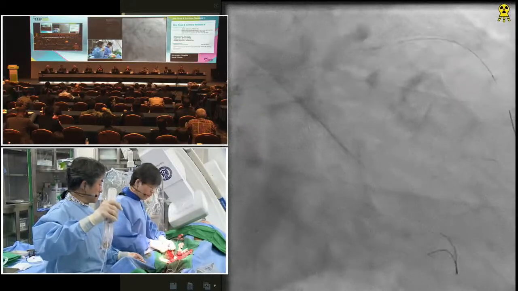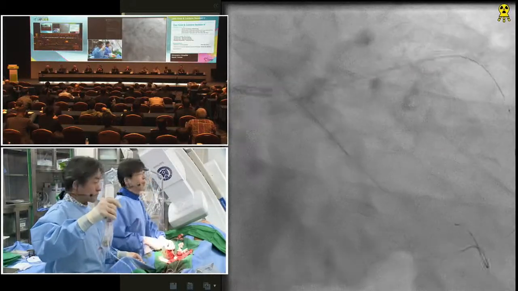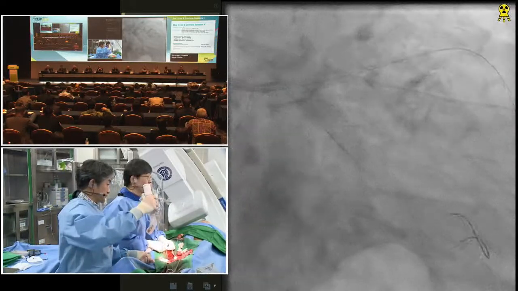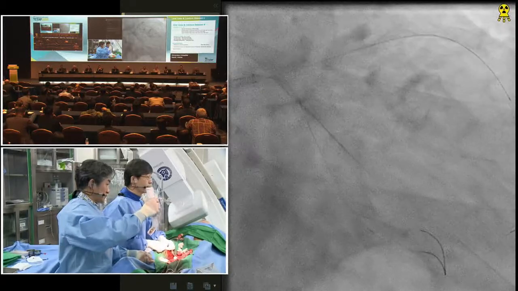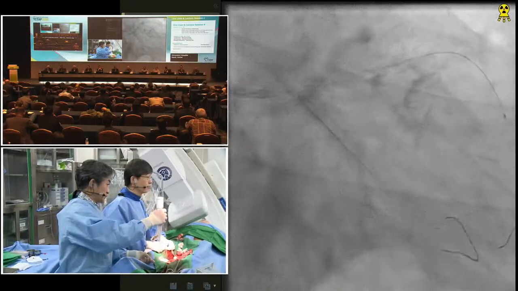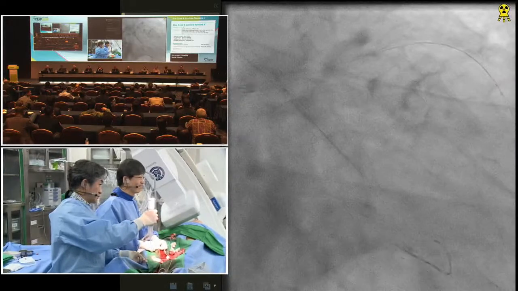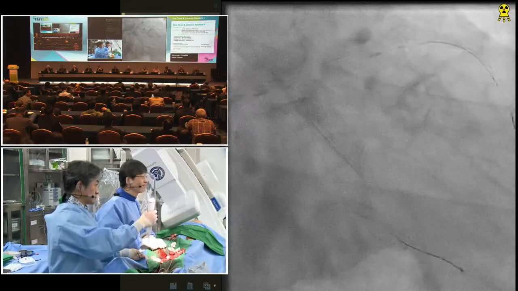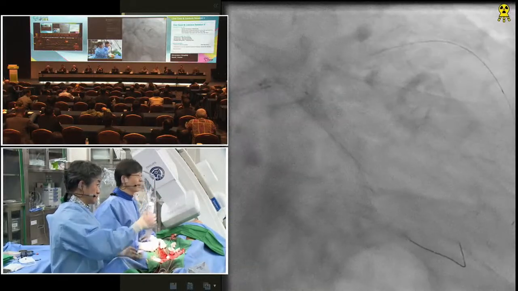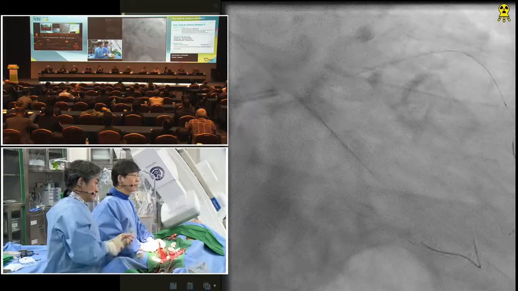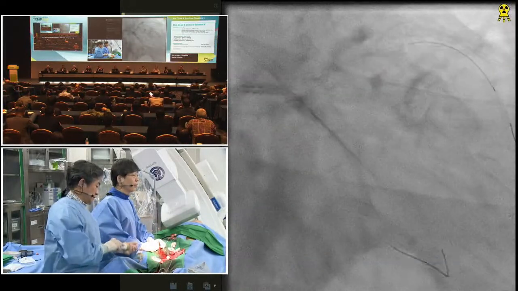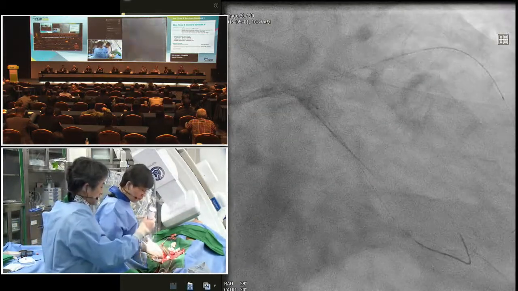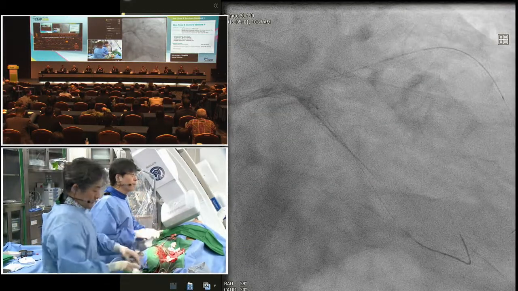Okay, this is a 3.5 non-compliant balloon. Okay, up to 18. 20. 20. Give me another 3.5 non-compliant balloon.